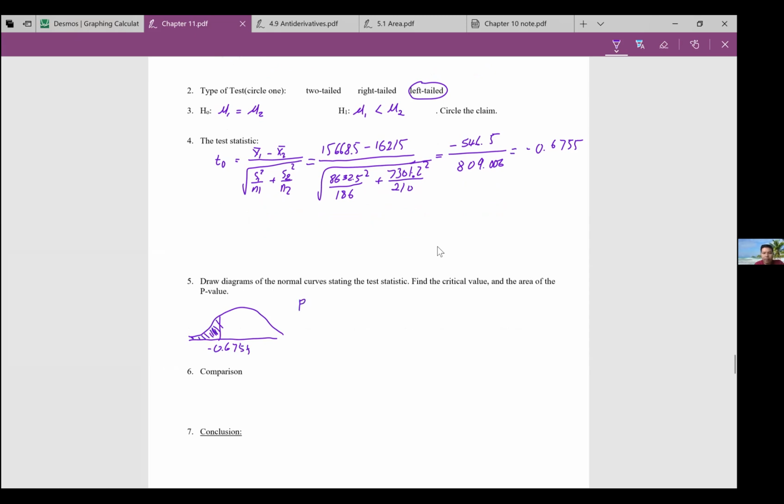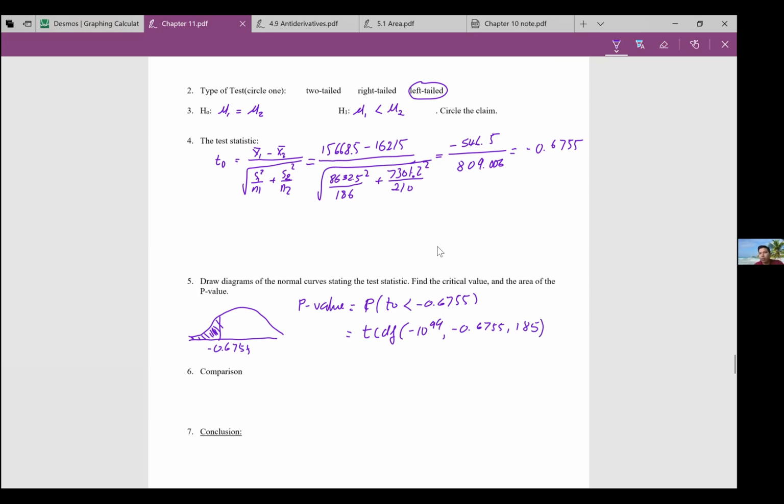So my p-value equals the probability of t naught less than negative 0.6755, and that's equivalent to tcdf of negative 10 to the 99, comma, negative 0.6755, comma, 185.